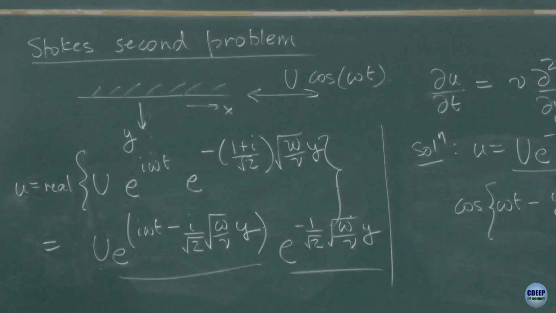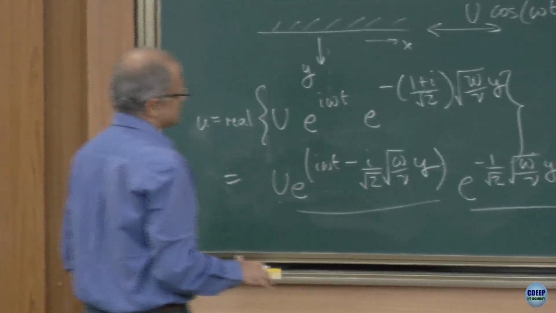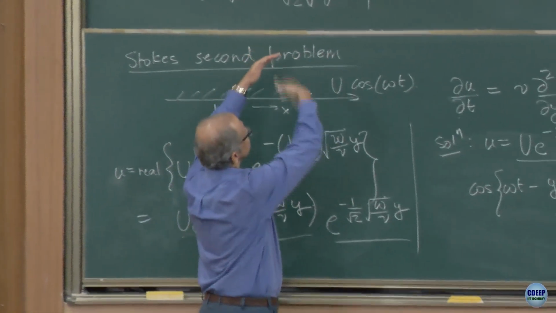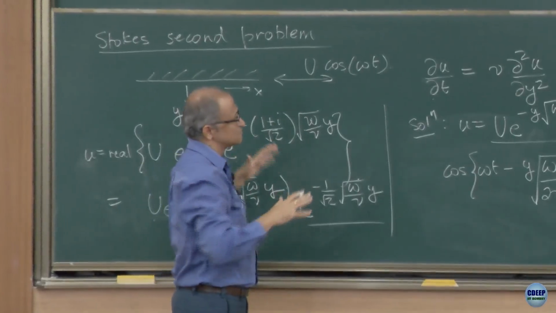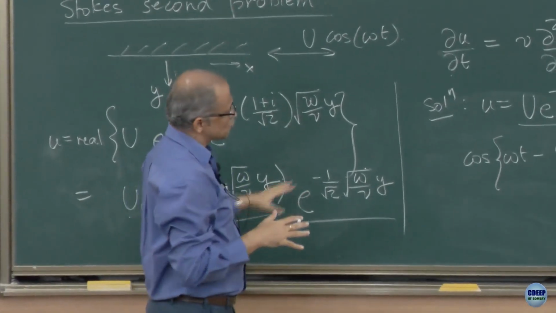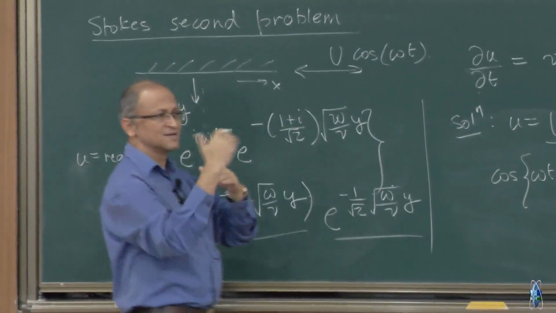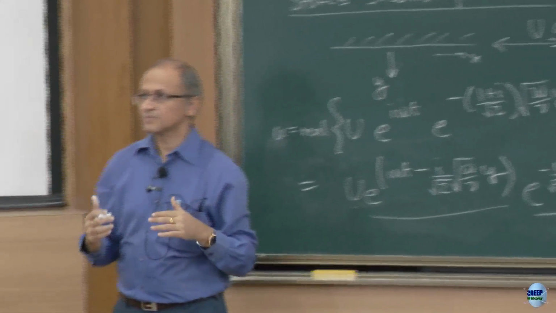So you can see that this is a Stokes second problem. Again, physically it's not very difficult to understand, and in the process we could understand where can we apply similarity, where can we not apply similarity. Okay, that comes out very clearly from this problem. Okay, and I would not say that this method is very nice or elegant or whatever it may be, but the more important thing is to just be able to physically feel the problem.